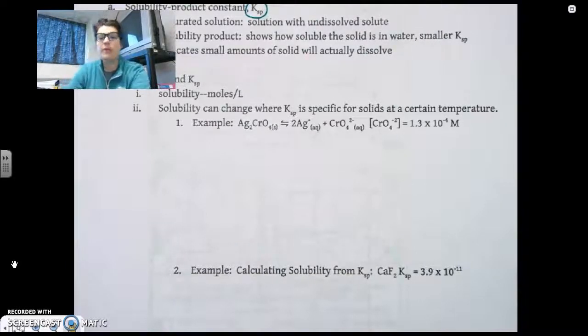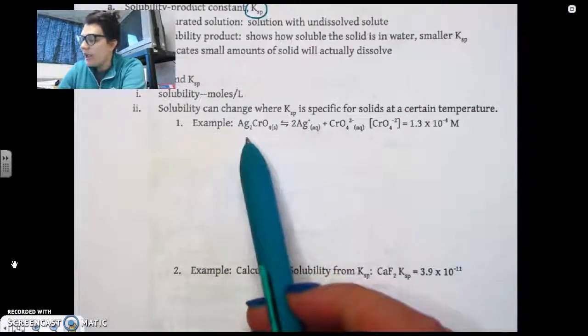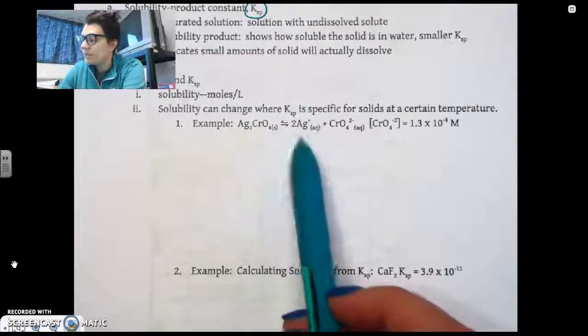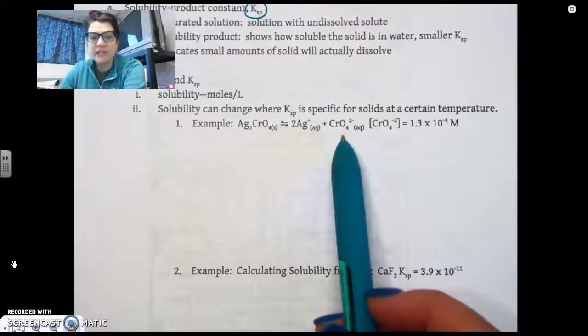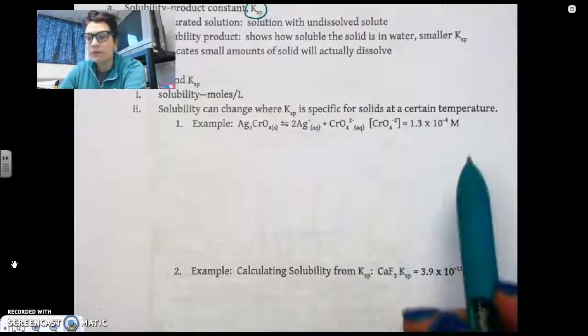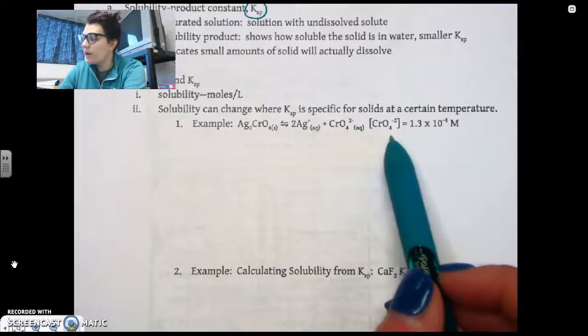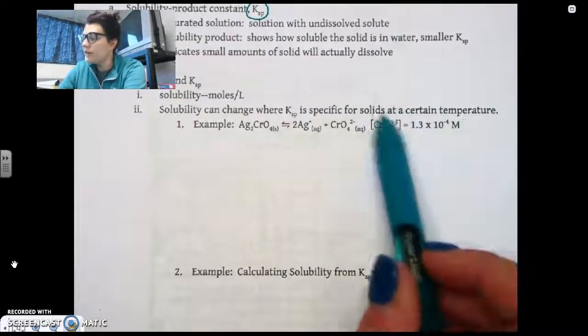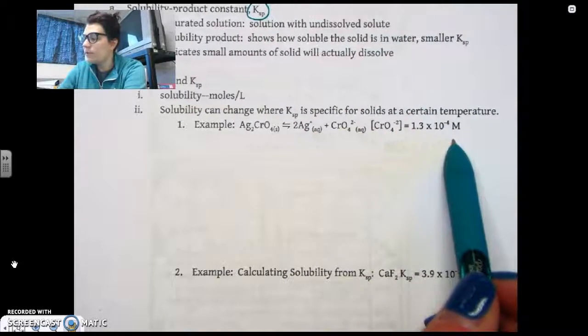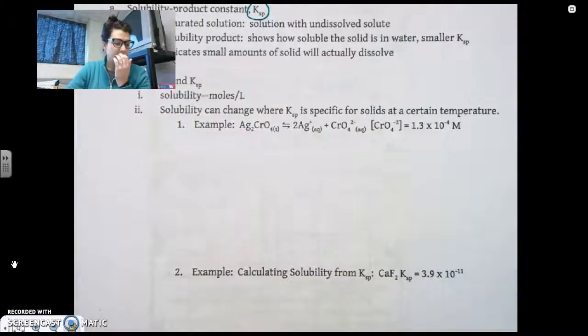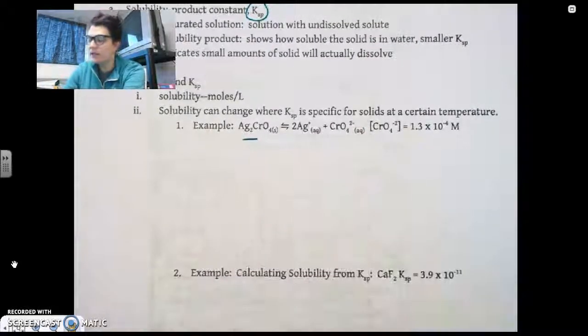For example, if I have silver chromate in equilibrium, it breaks into two ions. The molarity of the chromate ion is 1.3 times 10 to the negative 4th. I can figure out the KSP for this solid by setting up an equation.